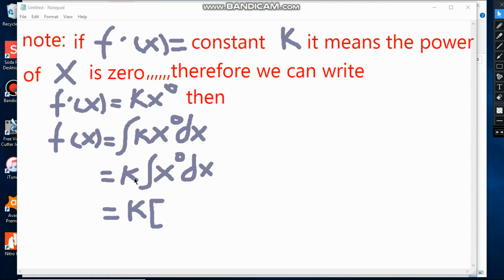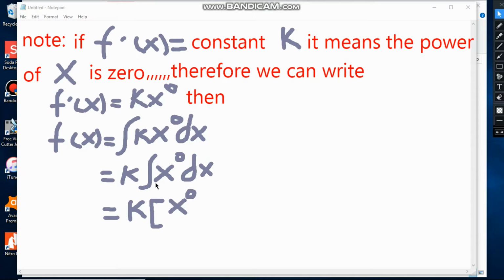which is equal to k times x raised to 0. As in the normal method, we must add 1 first, and then we divide by the result that we obtain.